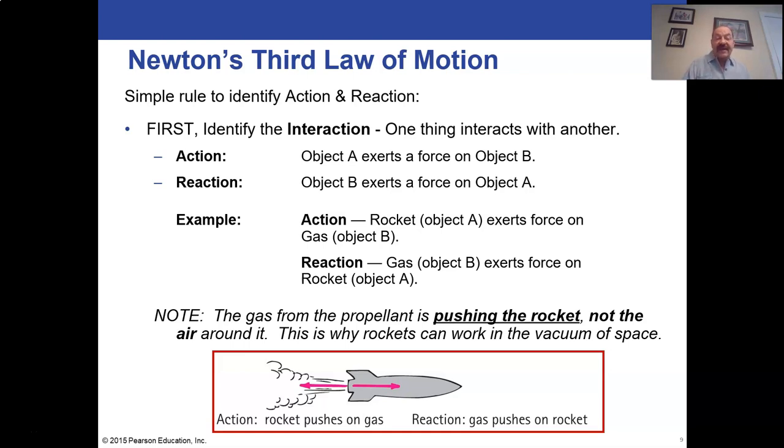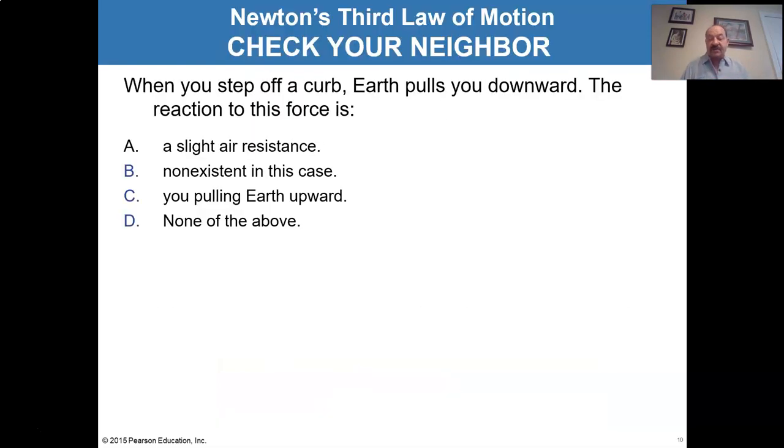They don't need any other matter. It's just that mass being shot out the back of the rocket because the rocket is pushing the mass out from that chemical reaction or whatever's happening with the propellant. It's pushing it out, and in turn, the gas is pushing the rocket forward. And that's what drives the motion of these rockets.